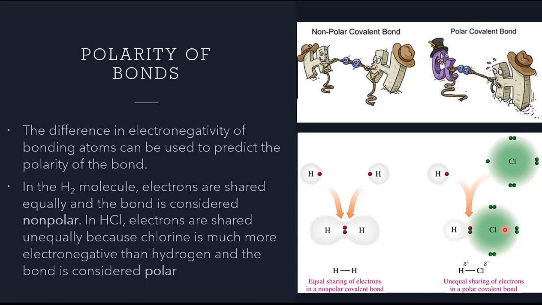It's going to pull those electrons toward it more often. And we're going to end up with what we call a dipole moment, or an unequal distribution of electrons, where we have more electrons around chlorine, giving chlorine a partially negative charge, and fewer electrons around hydrogen, exposing some of hydrogen's positive nucleus, so we have a partial positive charge.